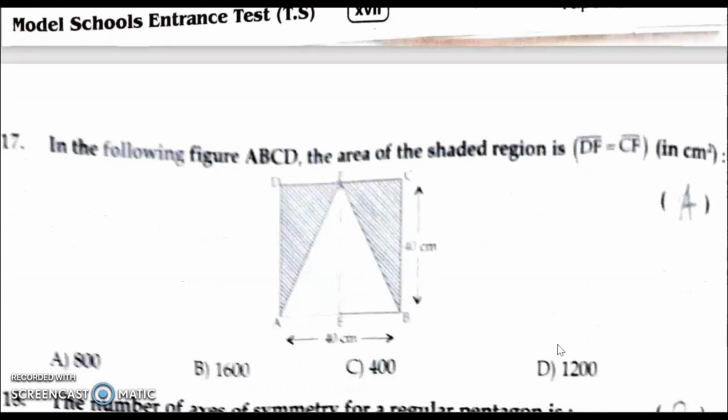In the following figure ABCD, the area of the shaded region is 800, because when we start with a triangle, it's half the square, so the remaining is also itself a half.